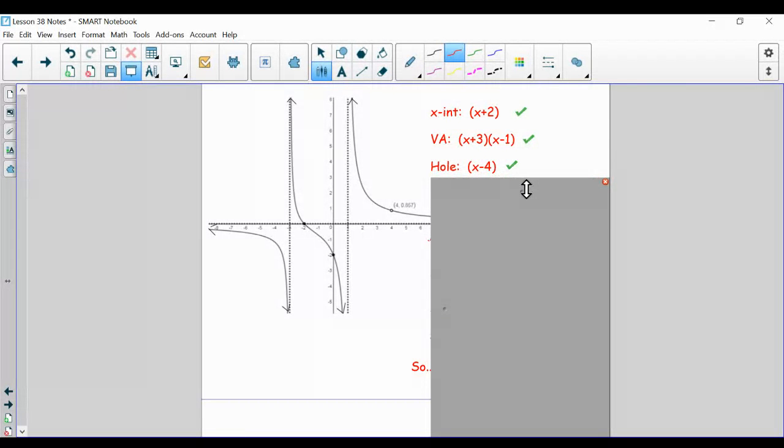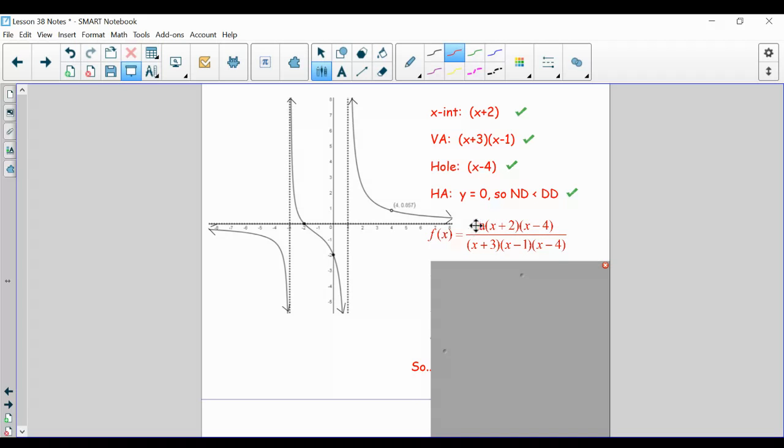We have a hole in this case at 4, so I'm going to need to use an x minus 4, and then we have a horizontal asymptote here at y equals 0, so that means when I'm finished, my numerator degree should be less than my denominator degree. So on this one, I'm going to go through all these steps at the end and make sure that we're covered.